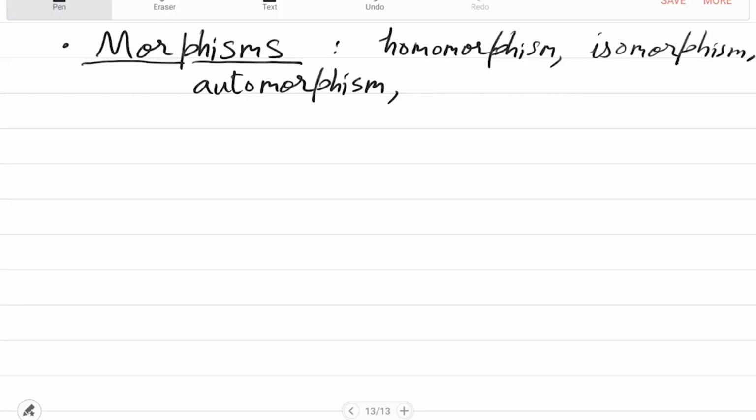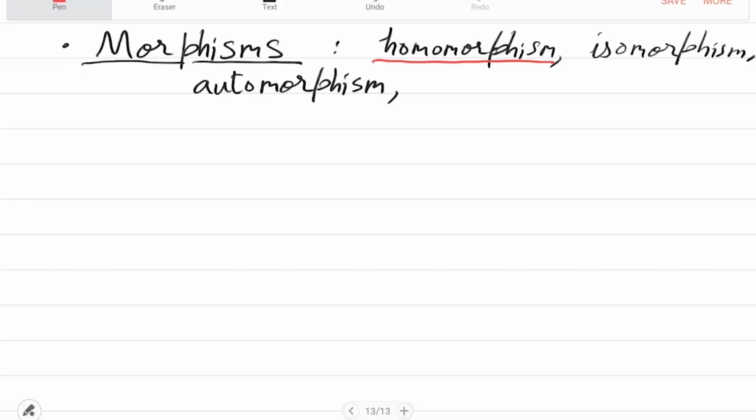map from one ring to another ring, R1 to R2, such that it should preserve addition and multiplication. So let's say phi is a homomorphism from the ring R1 to ring R2. So maybe let me write that in notation.